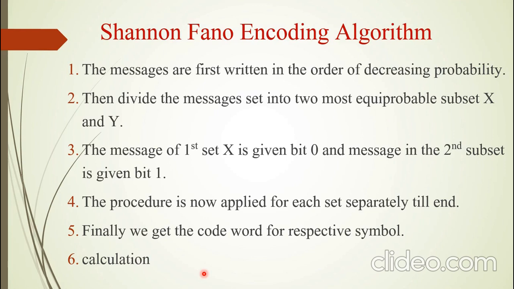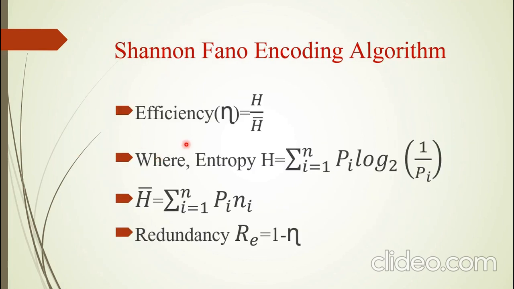The formula of efficiency, denoted by eta, is eta equals capital H by H bar, where capital H is the entropy, which can be calculated by the summation from i equals 1 to n of p_i log base 2 of 1 by p_i.